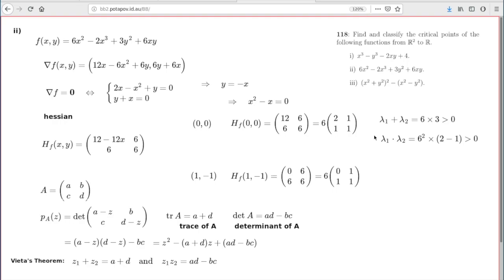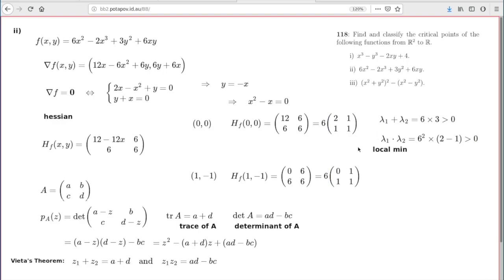But what we care about is not the numerical value of this determinant, but the signs. We have two values which, when you add them, give a positive number, and when you multiply them, give a positive number. This is enough to conclude that both numbers are positive, and hence you have a local minimum.